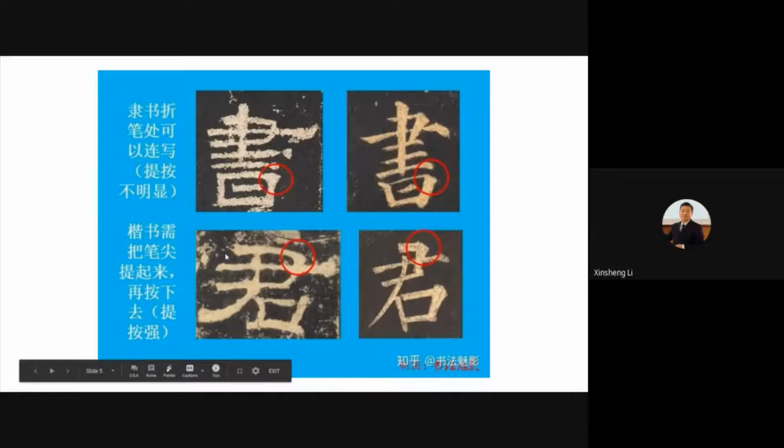This is a horizontal rectangle shape. This one we already practiced; this is a clerical style. This is a regular style. It is a square shape, and this is a little bit vertical rectangle.